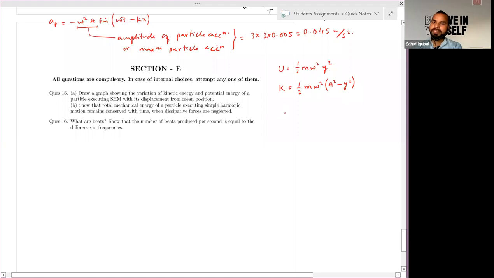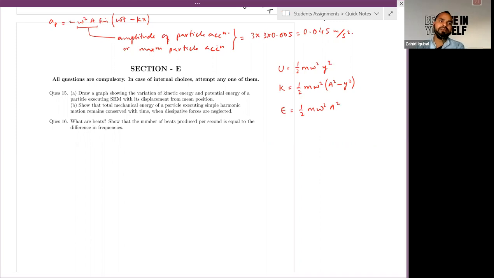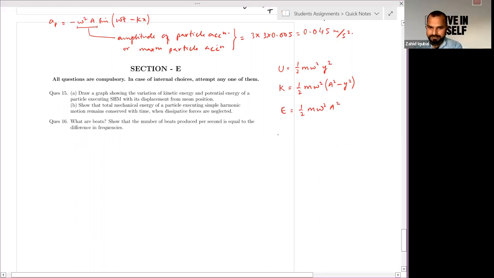On adding these two parts, total energy will be half m omega square a square. So in this part, we have to plot its graph. This is energy versus displacement.